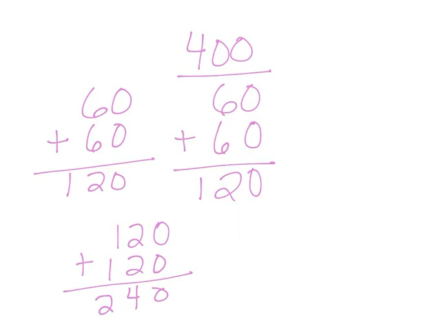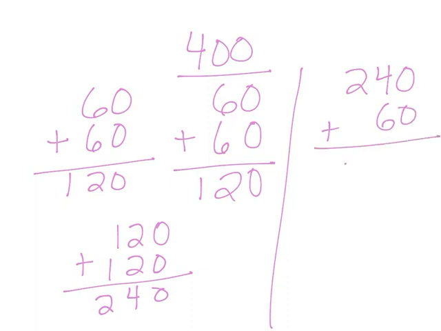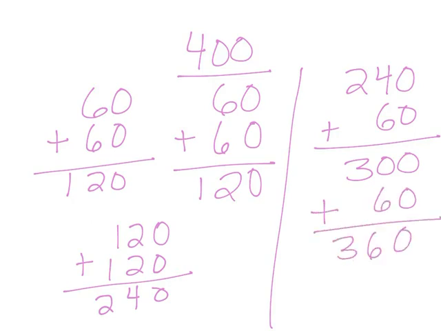I think I can fit some more 60s. Oh, that's 300. We're getting closer. That's 360. Oh, I know I can't fit another 60. I'd have 40 minutes left over.